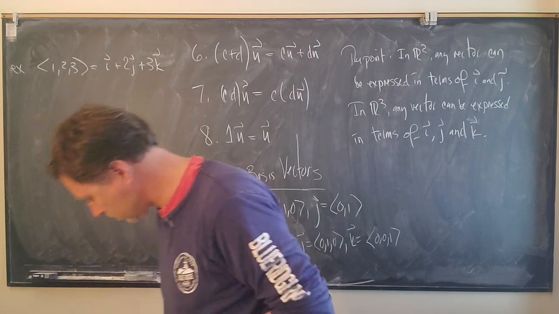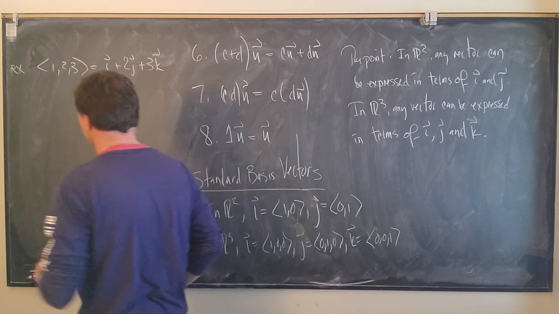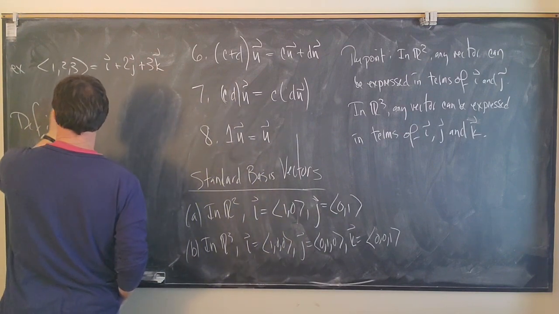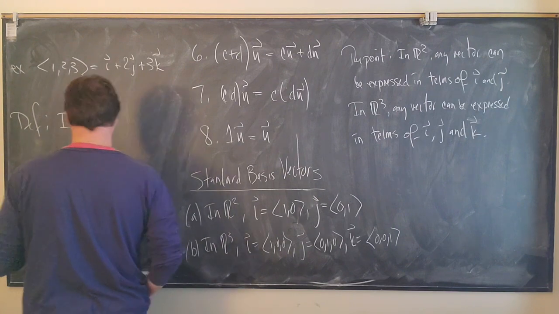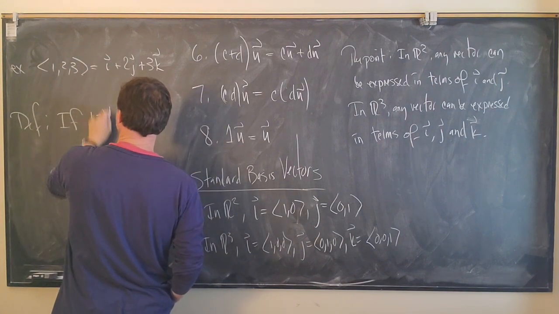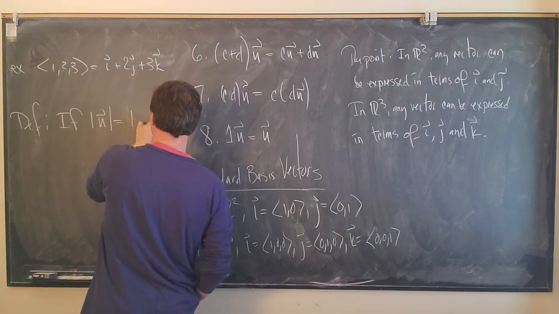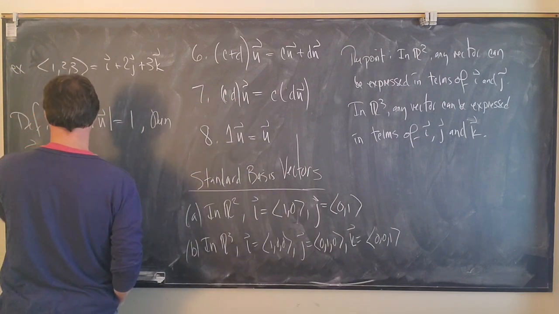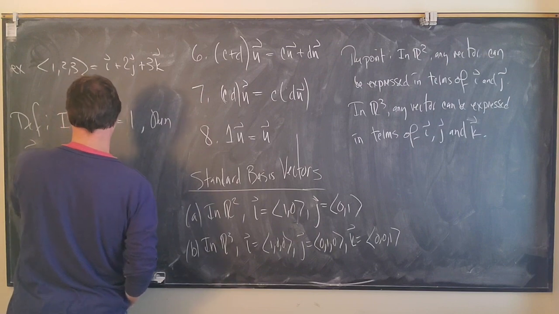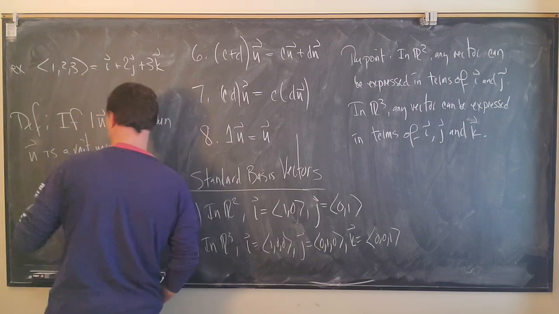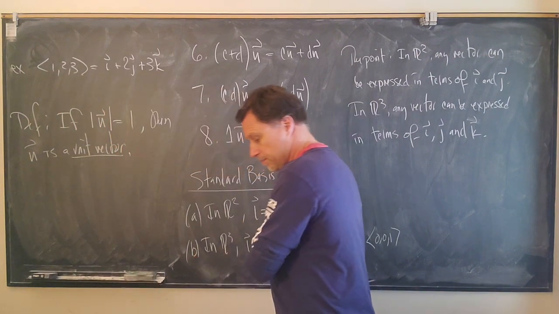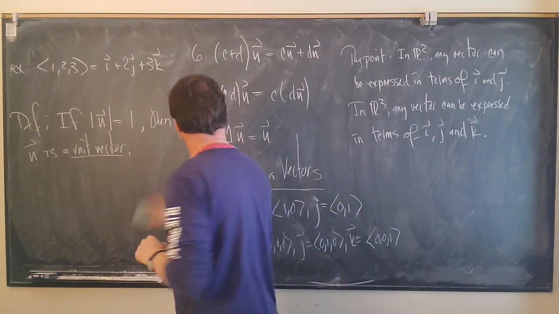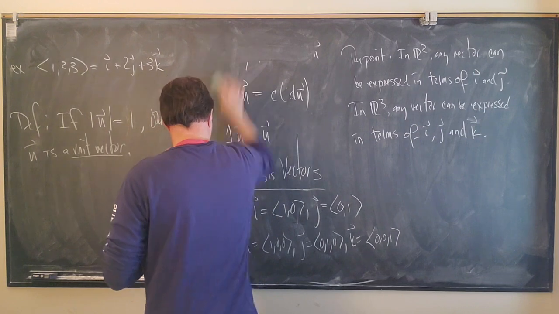Oh, one last thing. There's a definition: if the magnitude or the length of u is equal to 1, then u is called a unit vector. Now, here's something that should be clear.